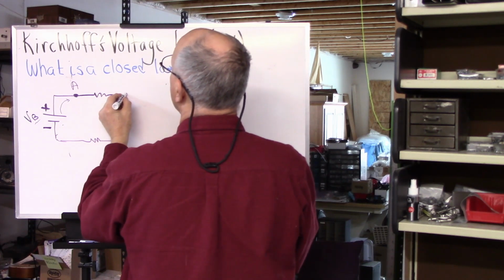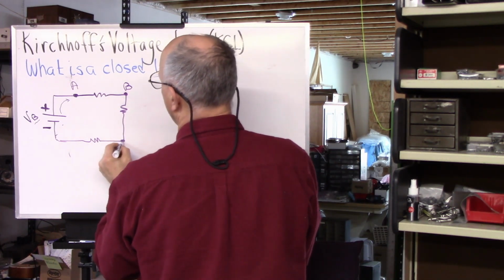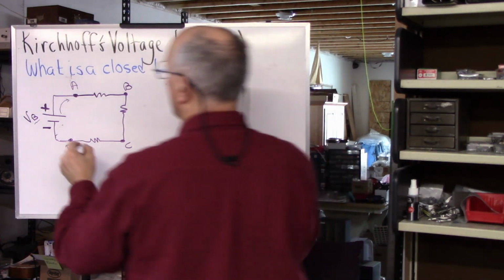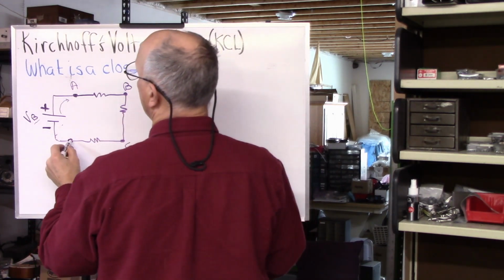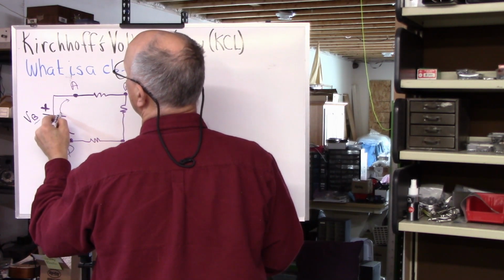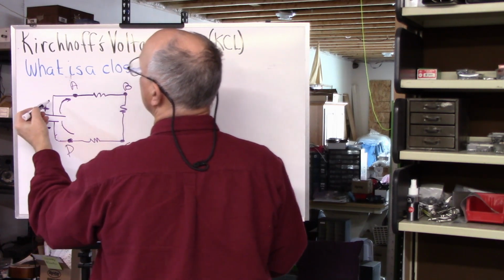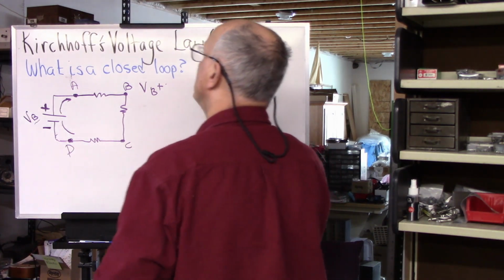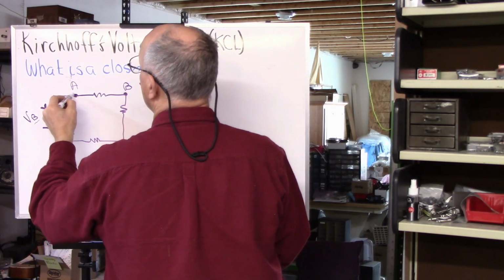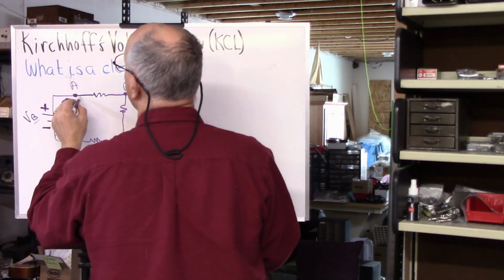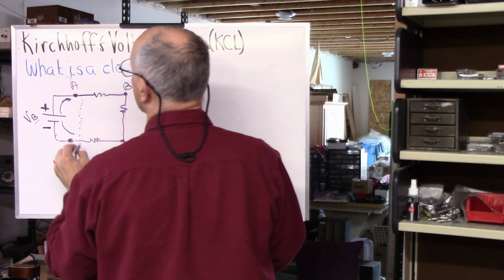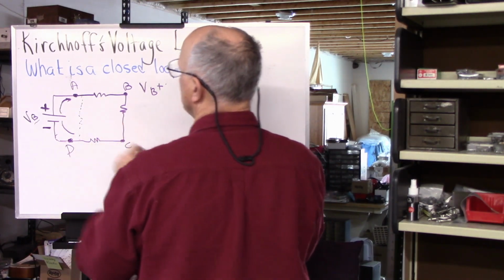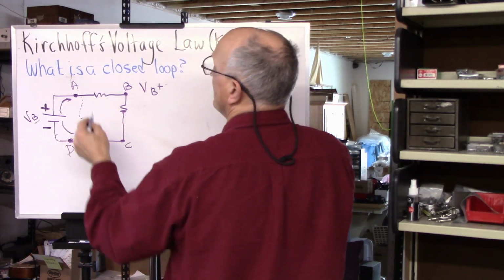We have point A, point B, point C, point D. Now, arbitrarily we choose to start at point D, and as we're moving through the battery, we're going from the negative side to the positive side, so the voltage across the battery is going to be positive. Now, we've already established that if we had a resistor here, the voltage across that resistance is negative, but now we have 3 resistors out here instead. Well, it's the same deal.